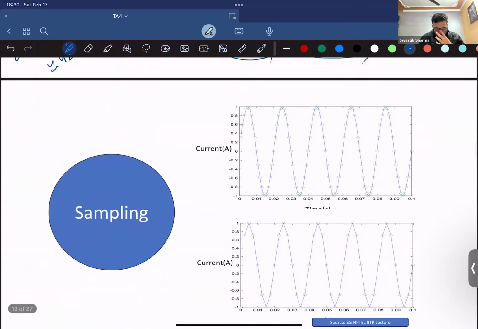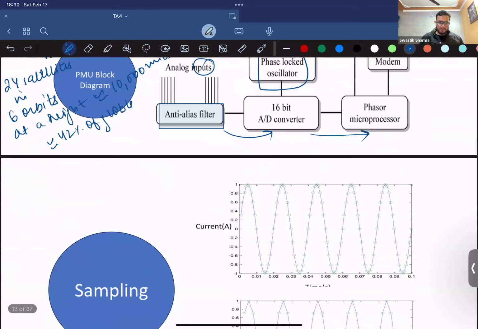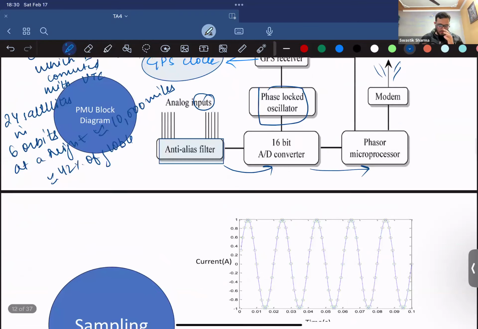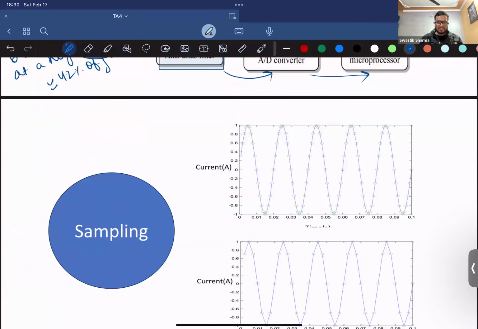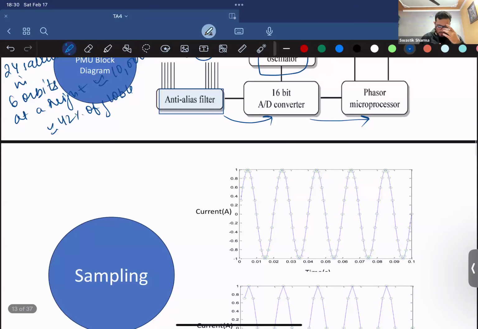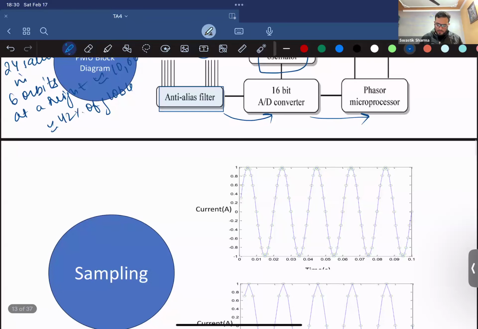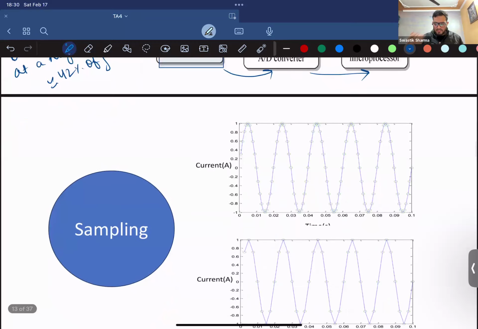So, in order to do this, we need to sample first. These analog inputs must sample the current or voltage signals appropriately. What I want to tell you from these two images is how sampling affects the nature of the signal.